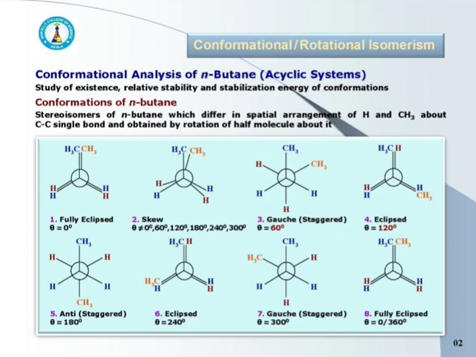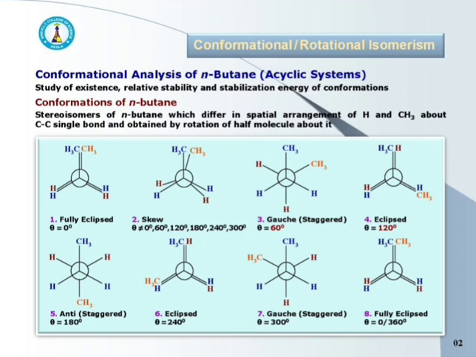As I explained in my previous lecture, conformational analysis is the study of existence, relative stability, and stabilization energy of conformations. Now the question is, what are the conformations of n-butane?